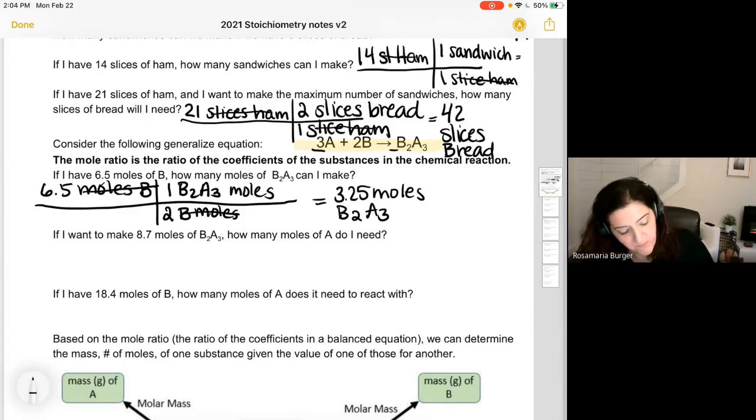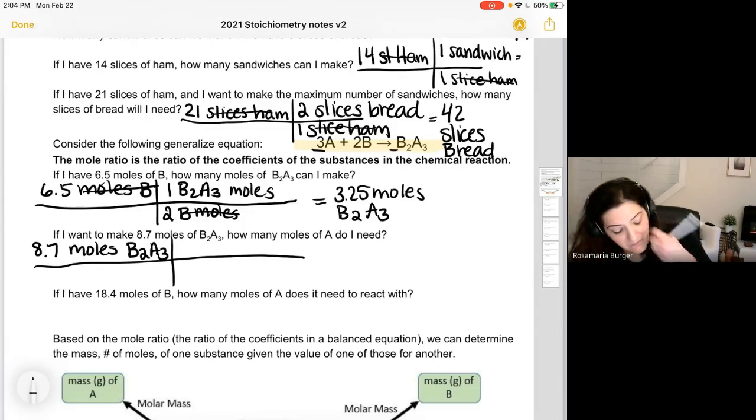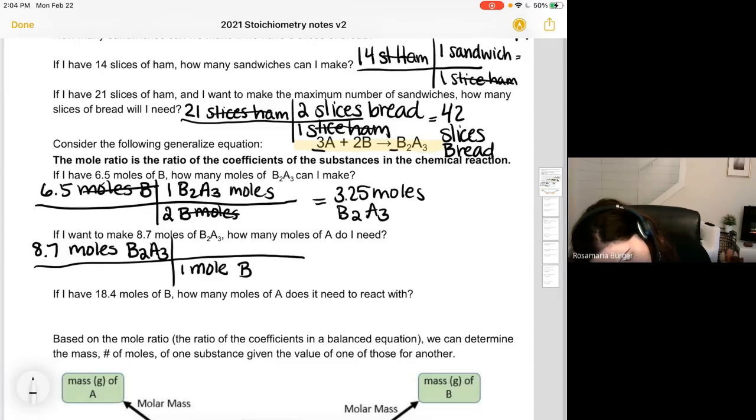So if I have 8.7 moles, that's what I want, of B2A3, I need to get rid of moles of B2A3 and get moles of A. Well, for every 1 mole of B2A3, I needed 3 moles of A. B2A3 moles cancels out.